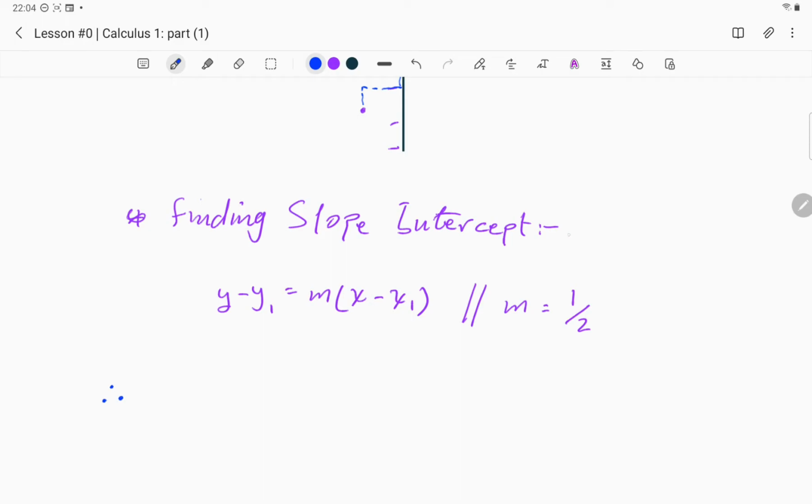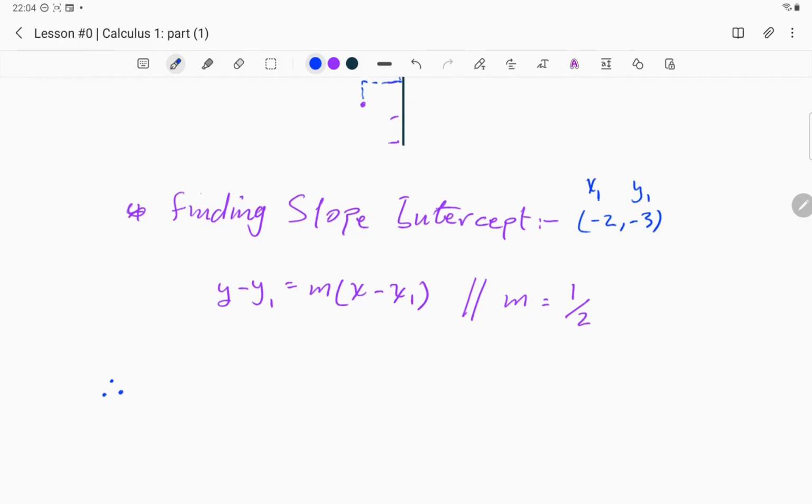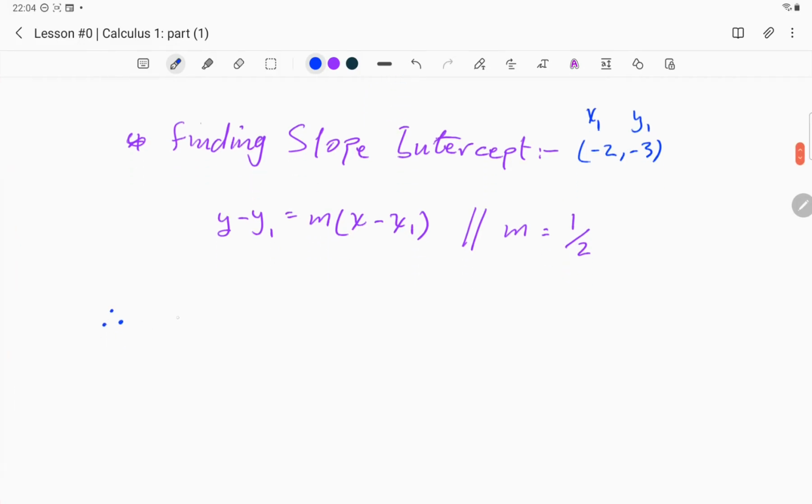Let's use the point -2, -3. So that's x1 and that's y1. Let's plug it in, shall we?